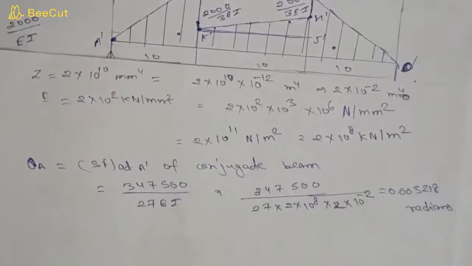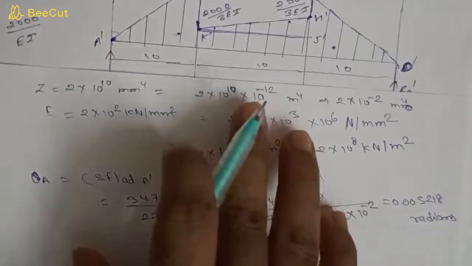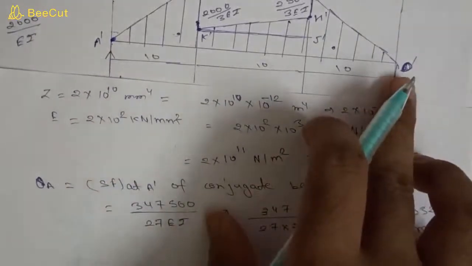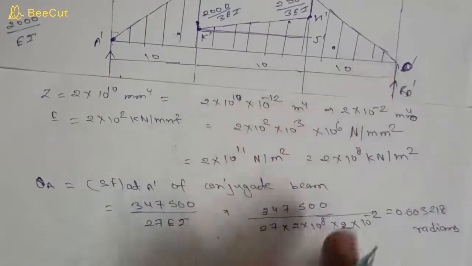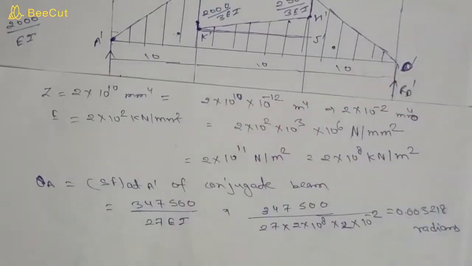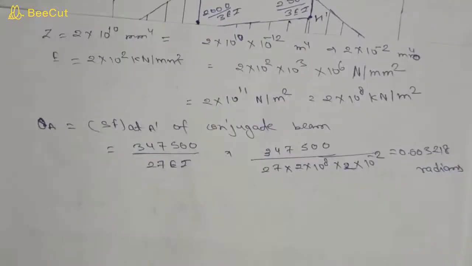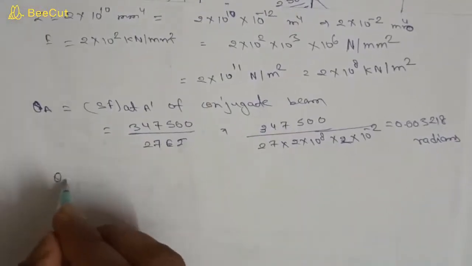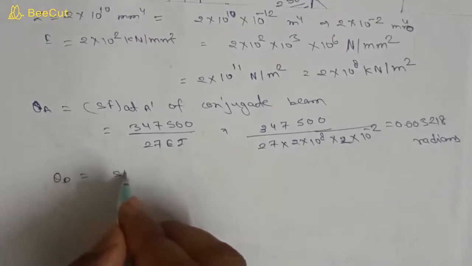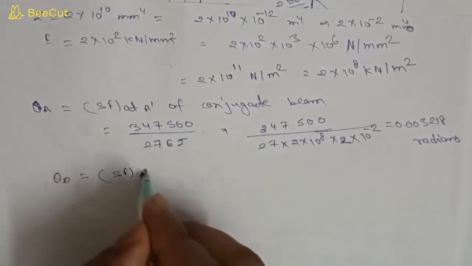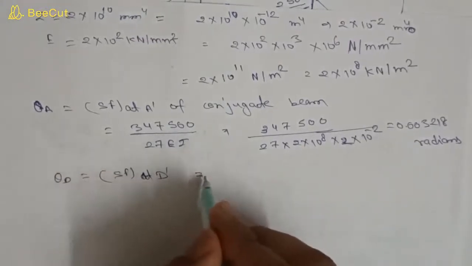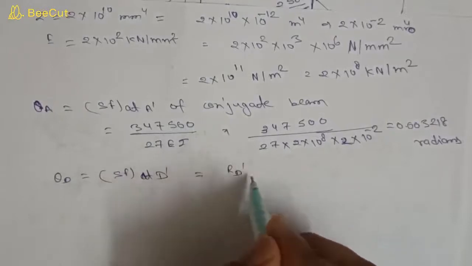Okay, now slope at point D will be equal to shear force at that point, or reaction force at that point. So theta D is equal to shear force at D dash of conjugate beam, which is equal to RD dash.